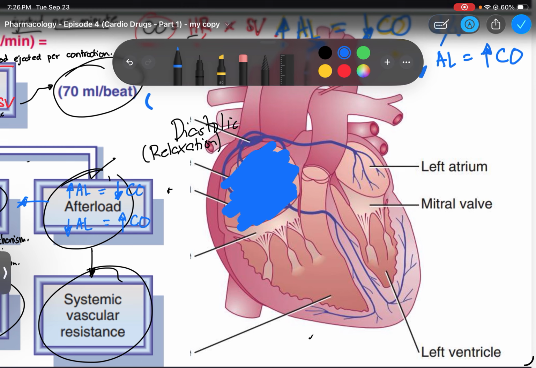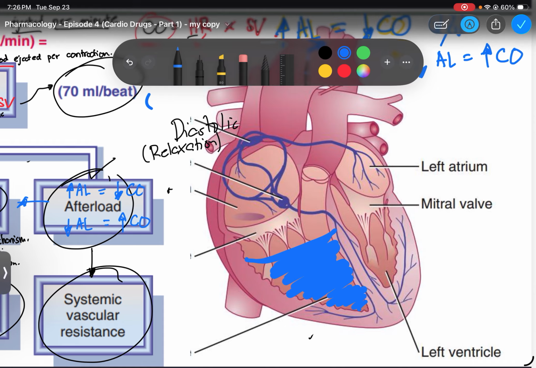Now, near the end of diastole, this blood will move towards your right ventricle. So during the end of diastole, most of the blood will already be here at the right ventricle.